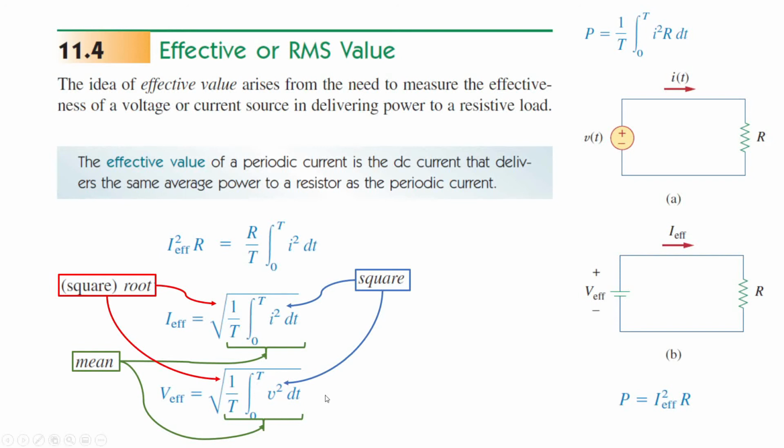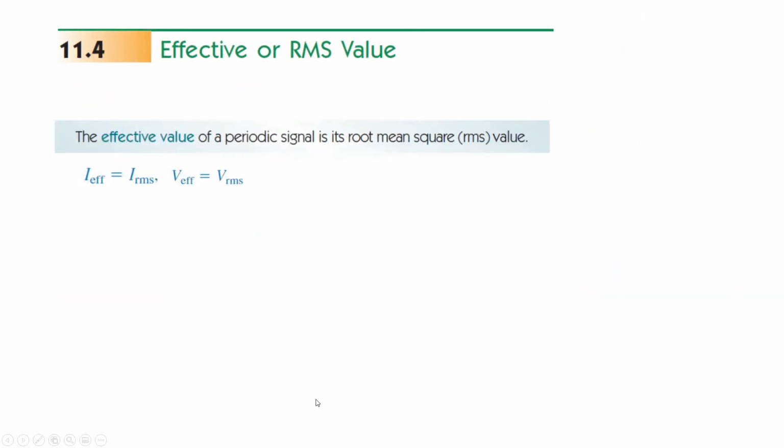Therefore we denote I effective as IRMS, the root mean square value of current, and V effective as VRMS, the root mean square value of voltage.